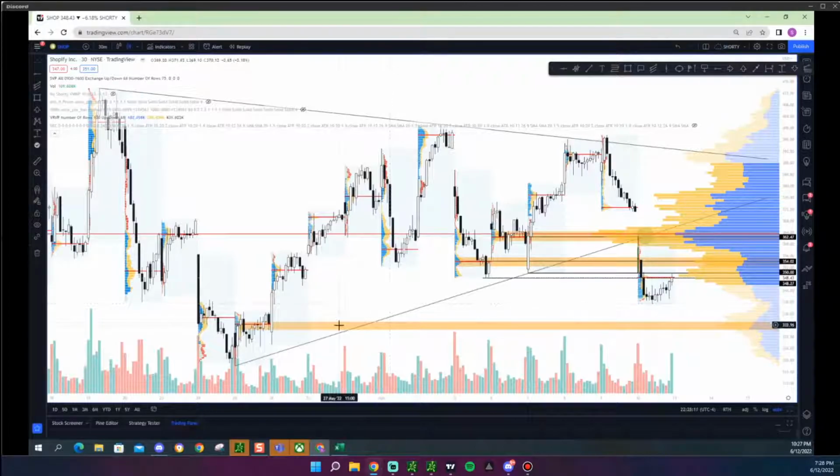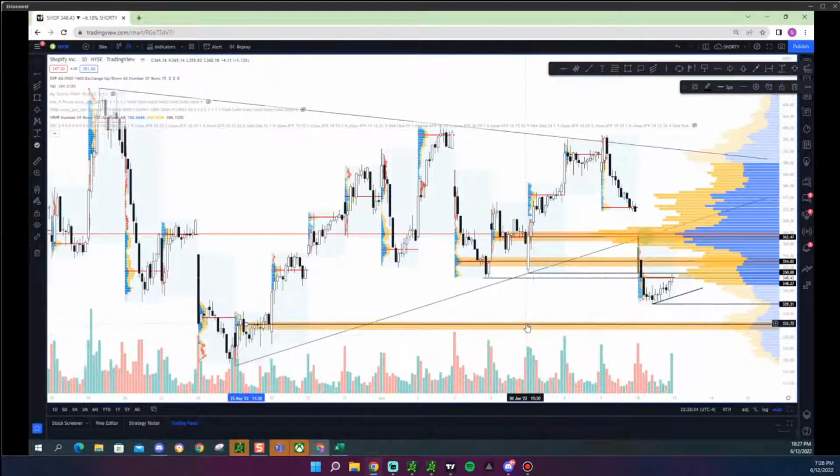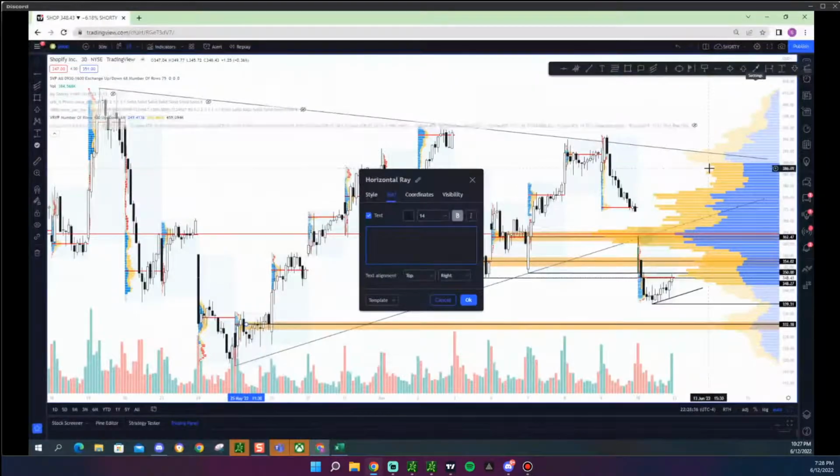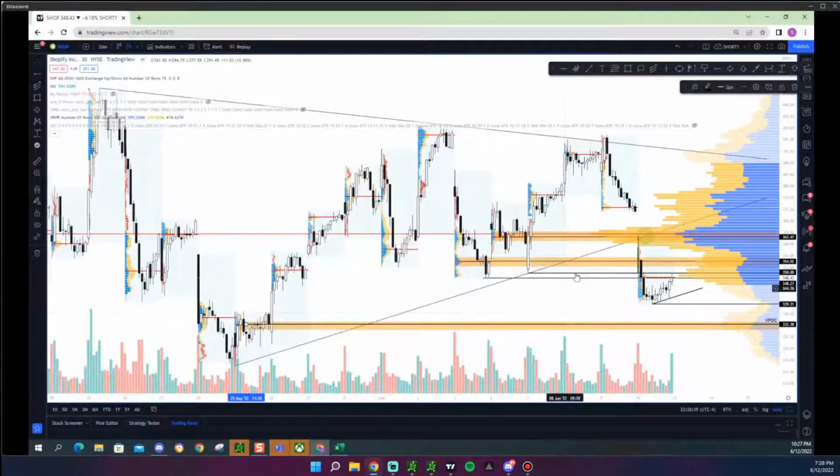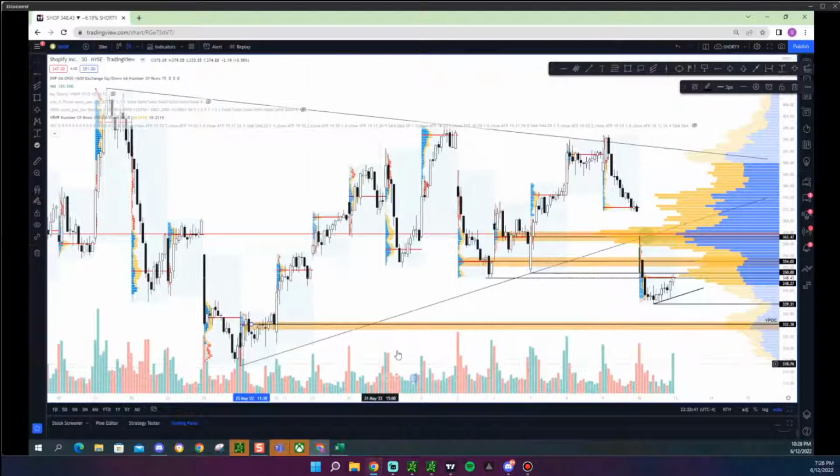Below 340, there's a strong chance that we go to 332. So if that's not enough meat, then don't play it. That's your low, and you have a flag here. And then you have a VPOC here, which can also serve as your short point or a rejection point from the bottom, continuing down. And then your recent low is 318. So I'll definitely watch that.